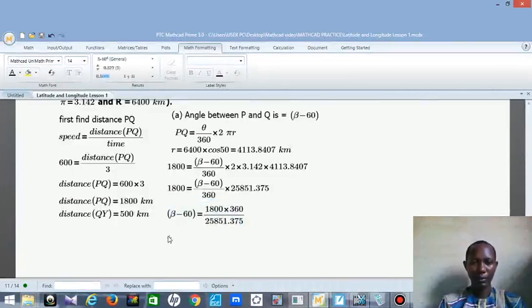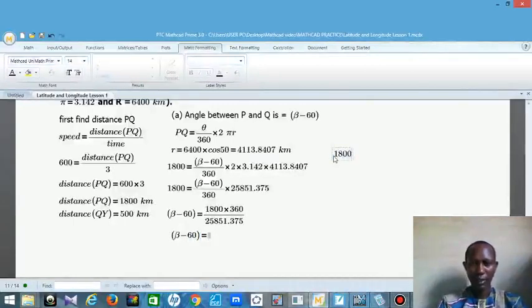Let's simplify this with our calculator.